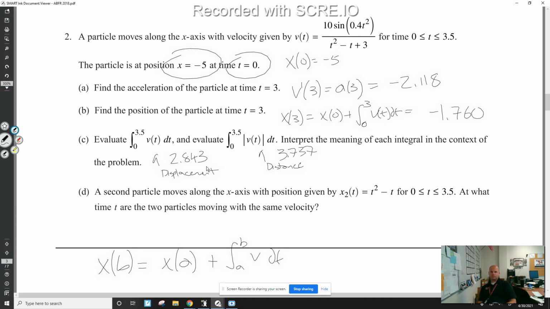Displacement of the particle. They even give us units. Distance of the particle over 3.5 seconds.